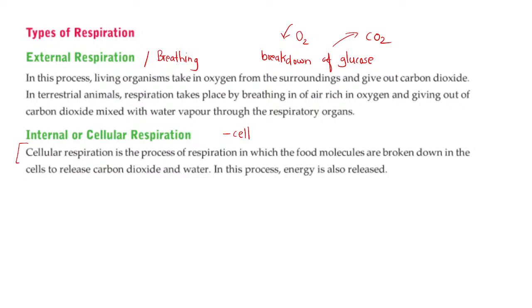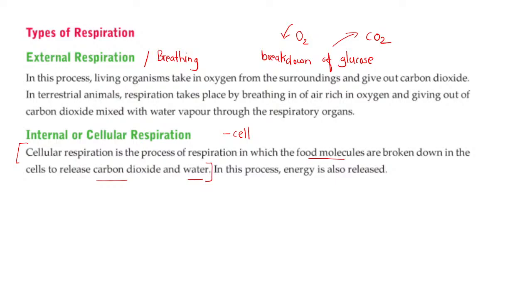Therefore such a respiration process is termed as internal respiration or cellular respiration, in which the food molecule will be broken down with the help of oxygen to release carbon dioxide and water.